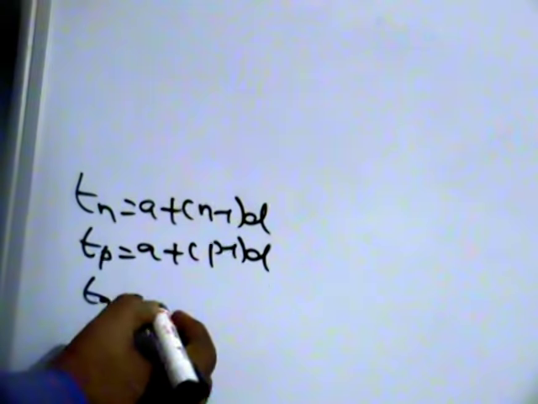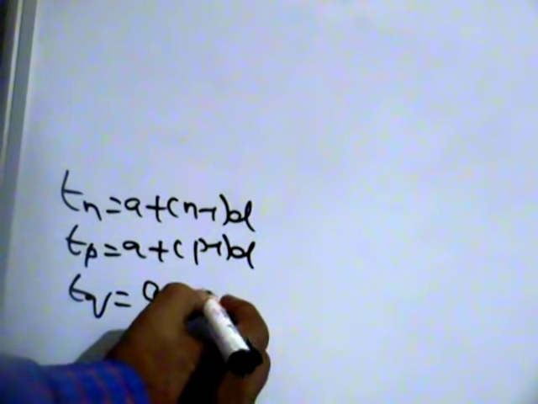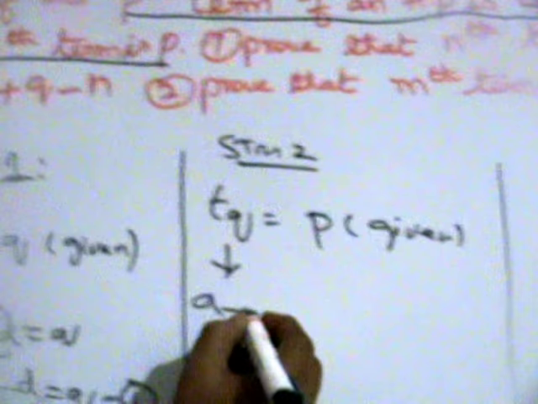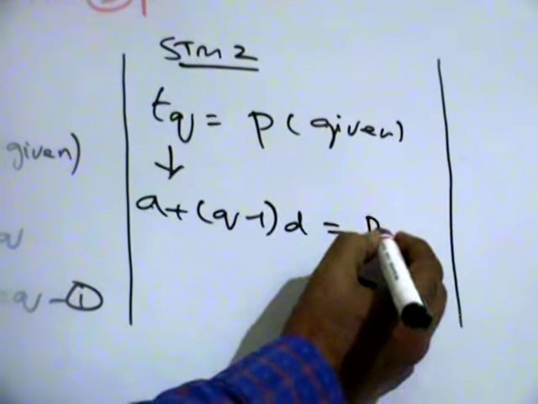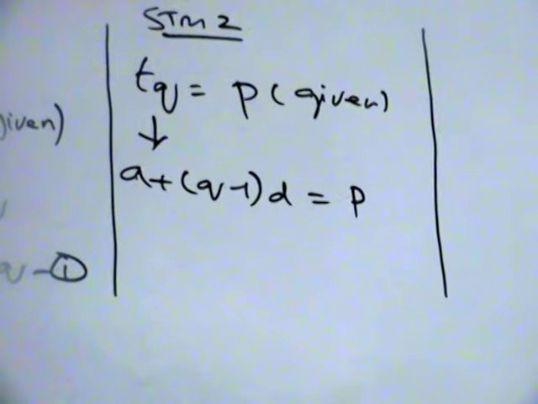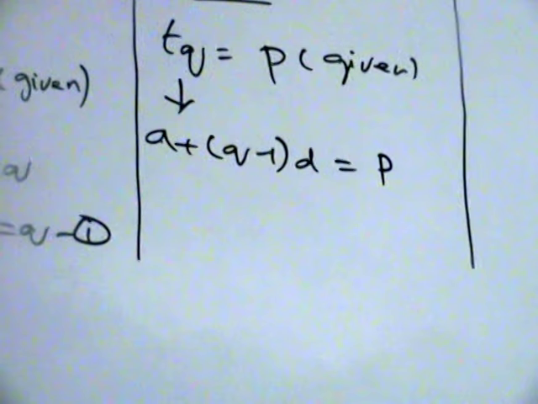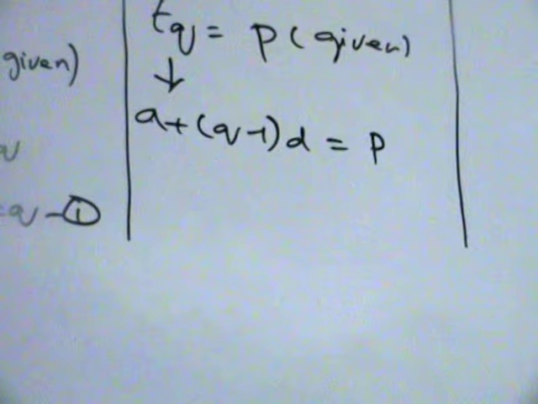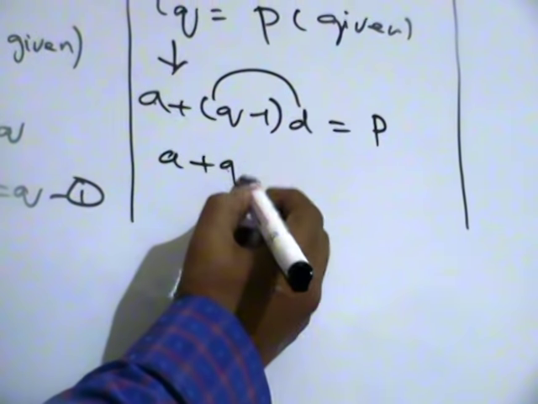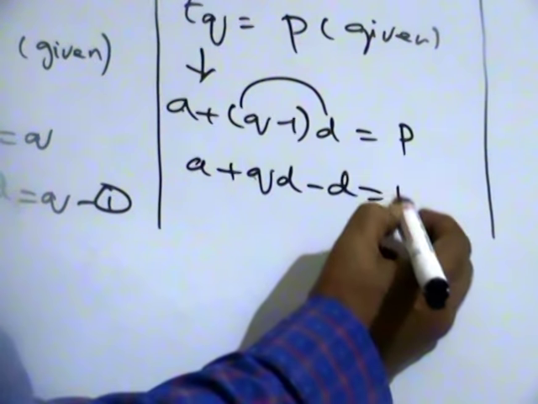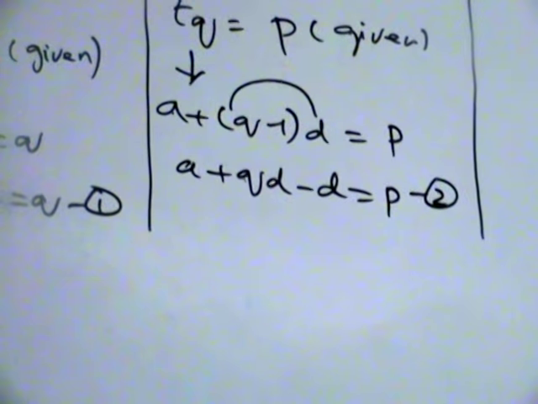Now for this, n is replaced by Q. TQ equal to A plus Q minus 1 into D. So you can write A plus Q minus 1 into D is equal to P. Now you can expand this. So when you expand you get A plus QD minus D equal to P. Call it equation number 2.